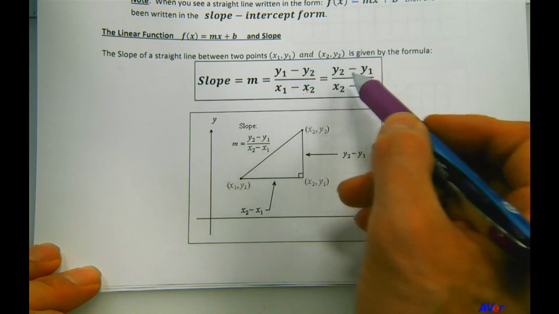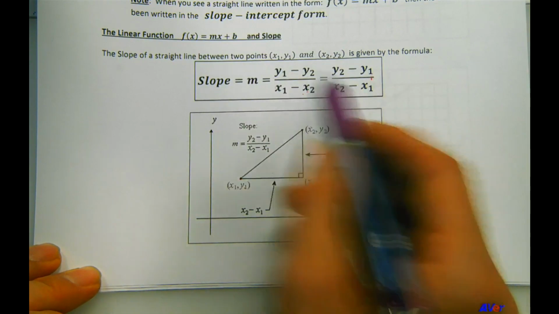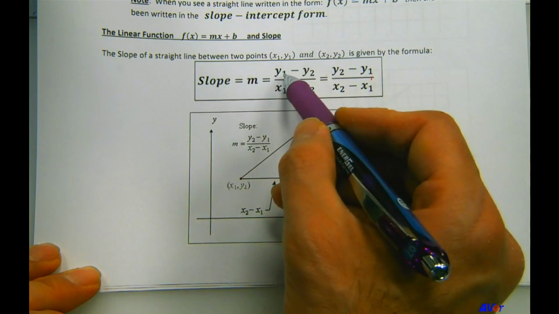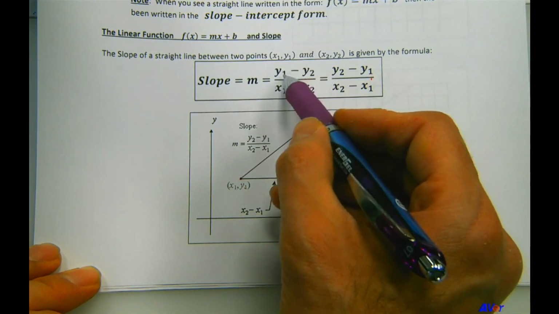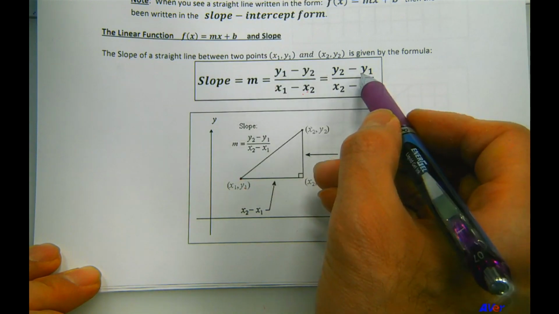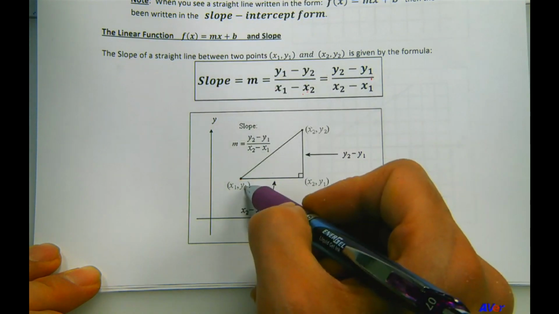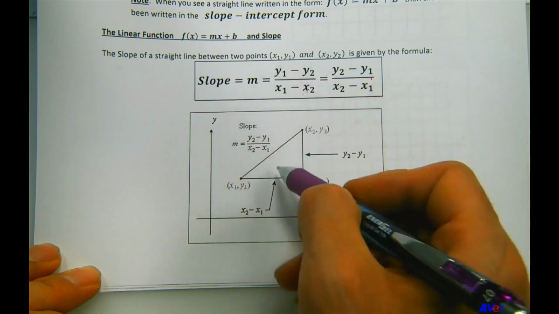Both are acceptable. You are free to choose how the subtraction begins. You can say either y2 minus y1, or y1 minus y2. You can say either.